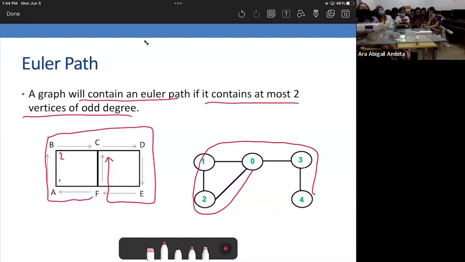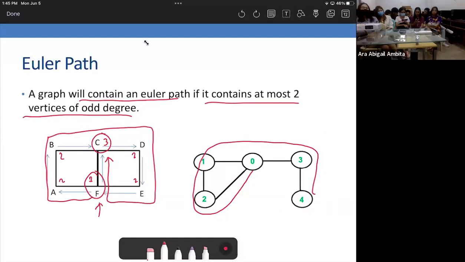This is 3. Si F is 3, D is 2, tsaka E is 2. So, saan yung mga even? This one. Ay, odd pala. Sorry. Saan yung mga odd? This C, at tsaka yung F. So, magko-contain siya ng Euler path kasi may dalawa lang siya.